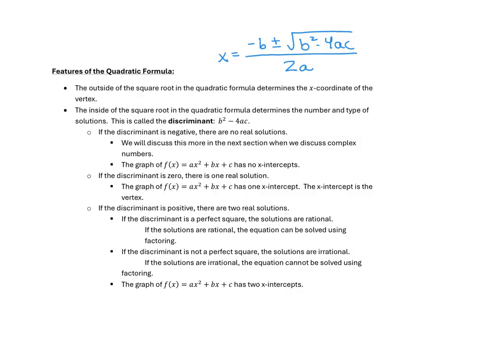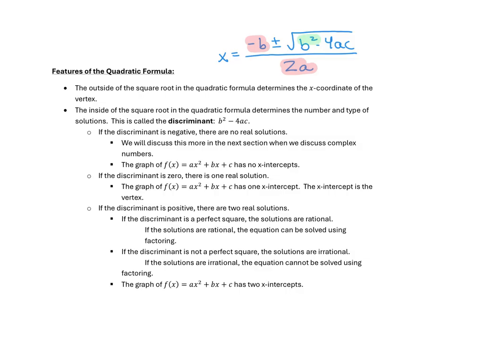So if you recall, we've looked at finding the vertex, and when we're in standard form, remember that the vertex is given by the stuff outside the square root. This gives us the x-coordinate of the vertex. Now, the inside of the square root also tells us something about our quadratic function.